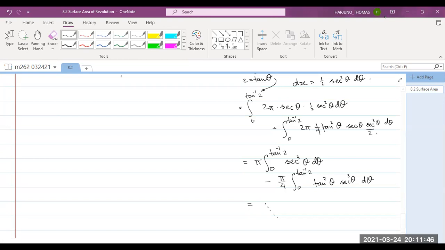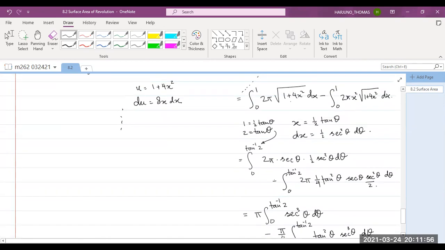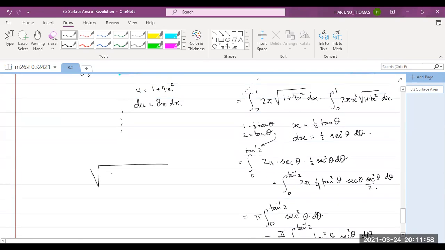Let me see. I have a chat coming in. How did we know to put the 1/2 in the trig sub? Here, because I want to kill that 4. Okay, 1 plus 4x squared, right? Now, we want this to be 1 plus tangent squared theta. Is it right?